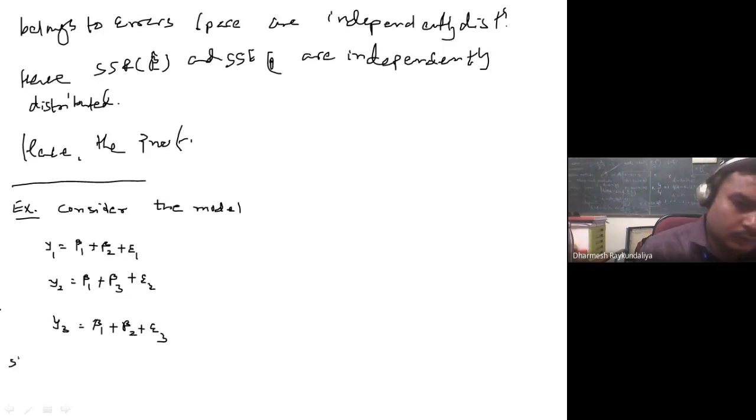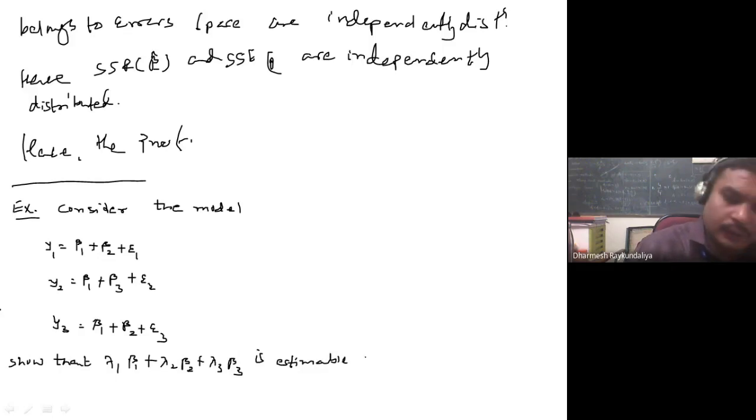Show that lambda 1 beta 1 plus lambda 2 beta 2 plus lambda 3 beta 3 is estimable if and only if lambda 1 equal to lambda 2 plus lambda 3.